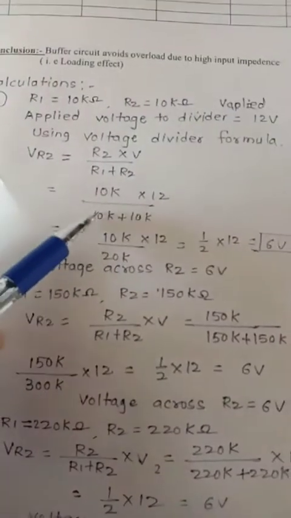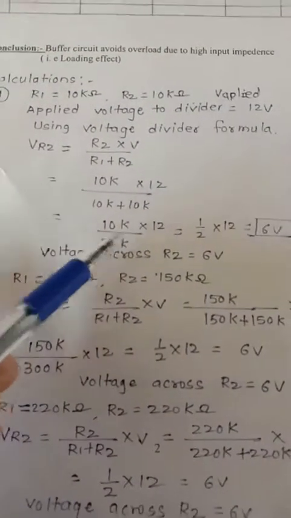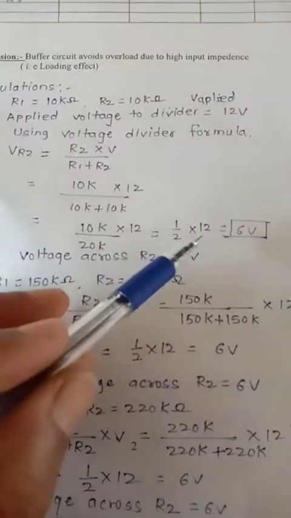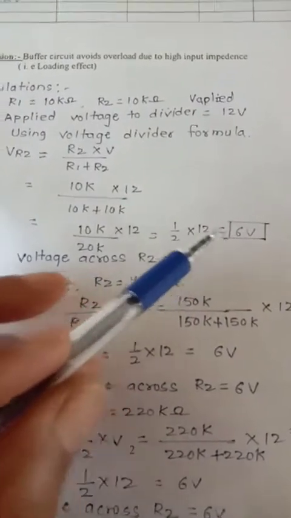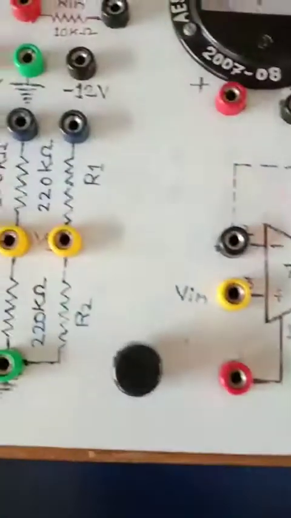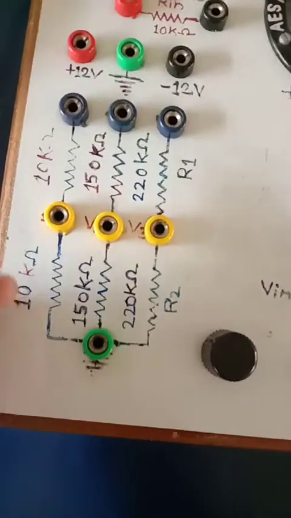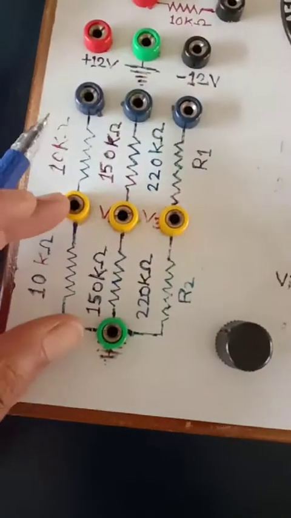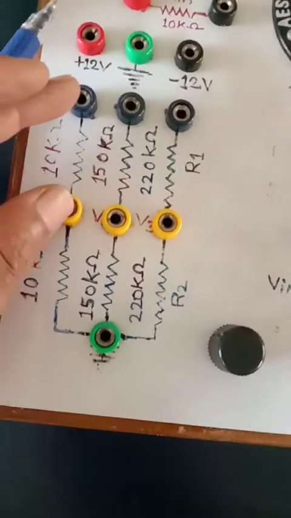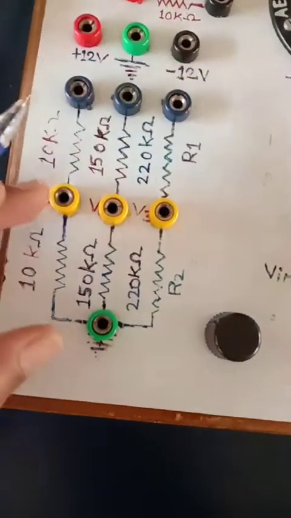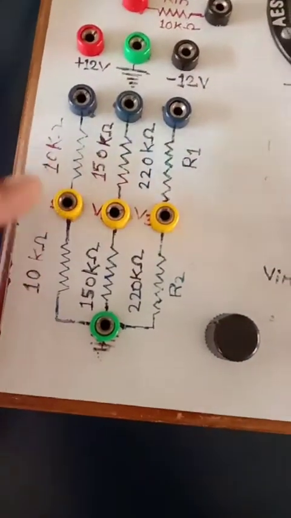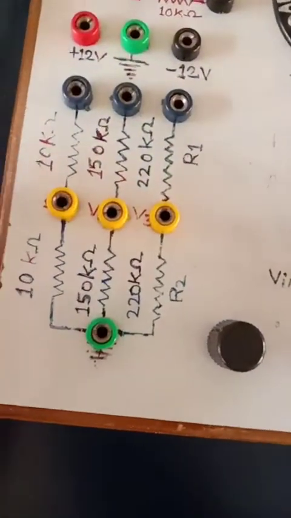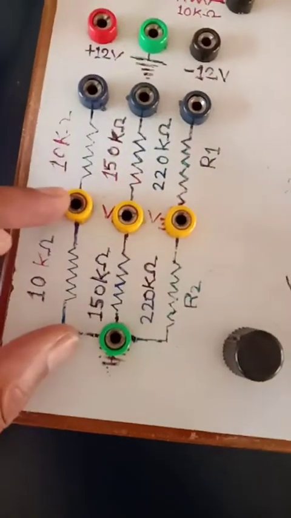So 10K upon 20K into 12, that is 1/2 into 12, which is equal to 6 volt. Since these two resistors are equal, equal voltage will drop across each resistor, that is 6 volt and 6 volt. 6 plus 6, 12 volt. So voltage across R2 is 6 volt.